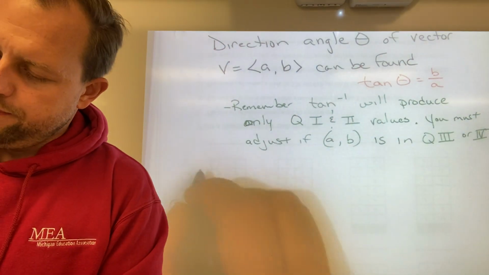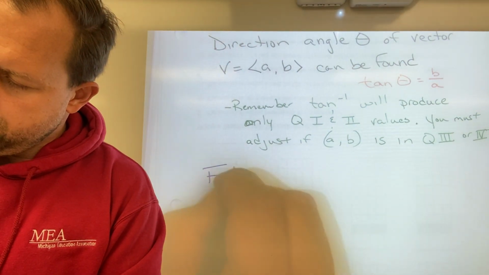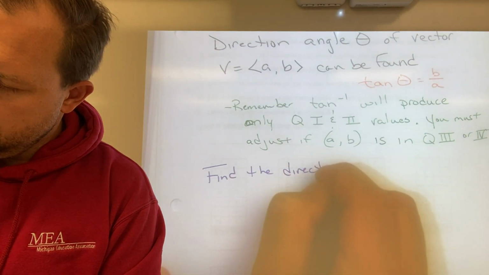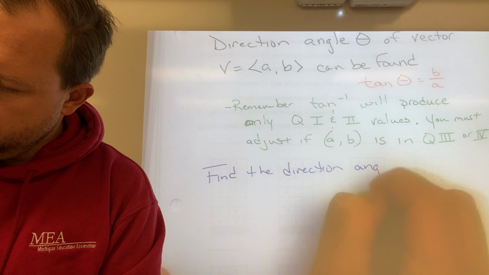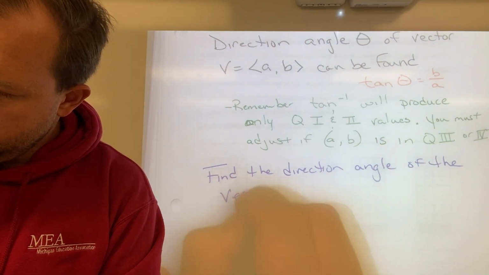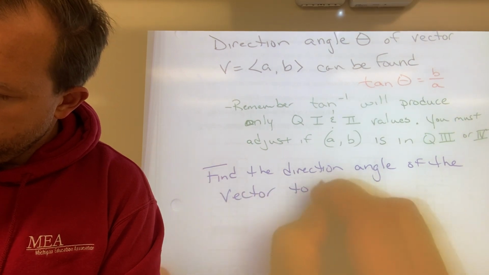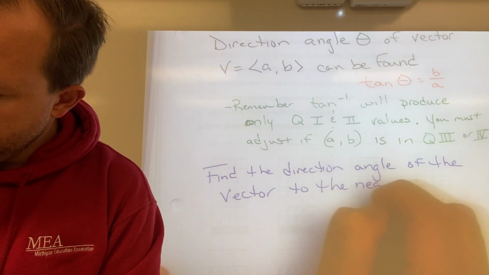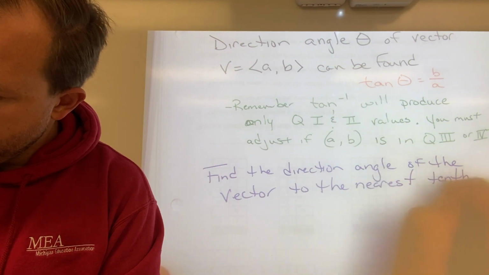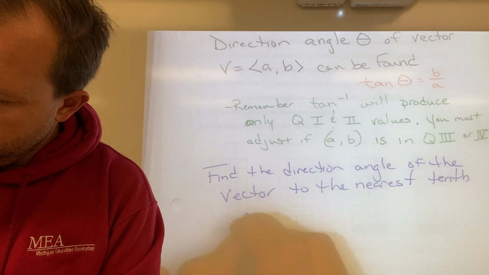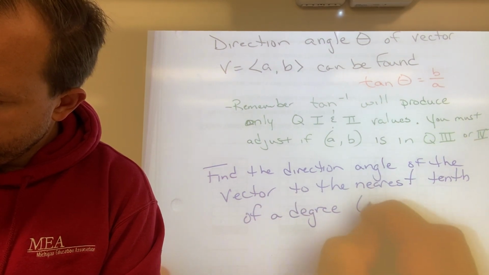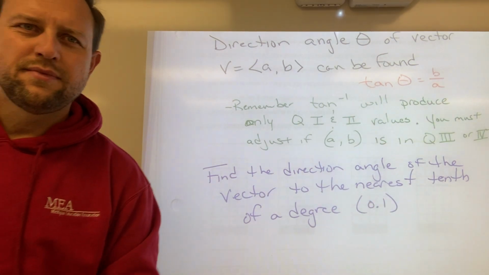So let's look at that. Find the direction angle of the vector to the nearest tenth of a degree. Okay?